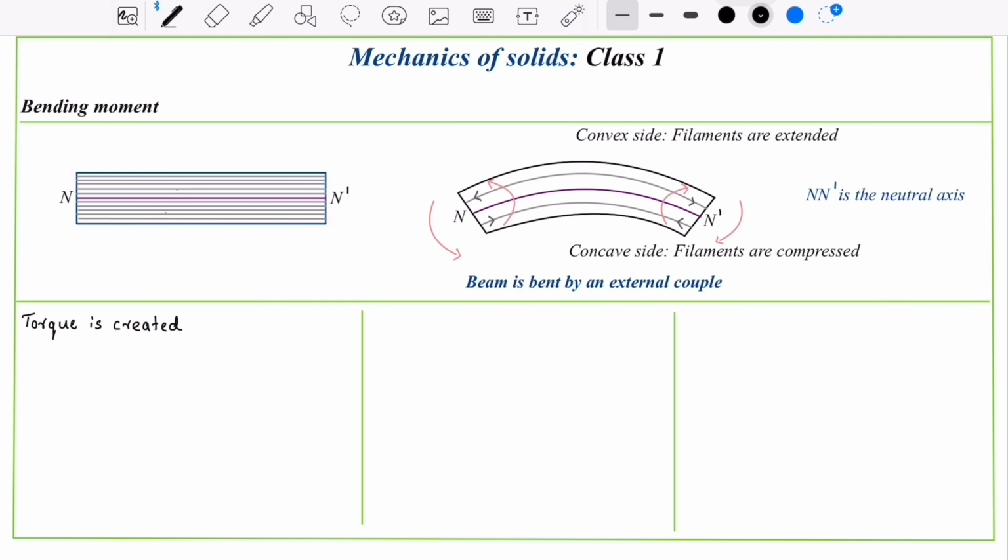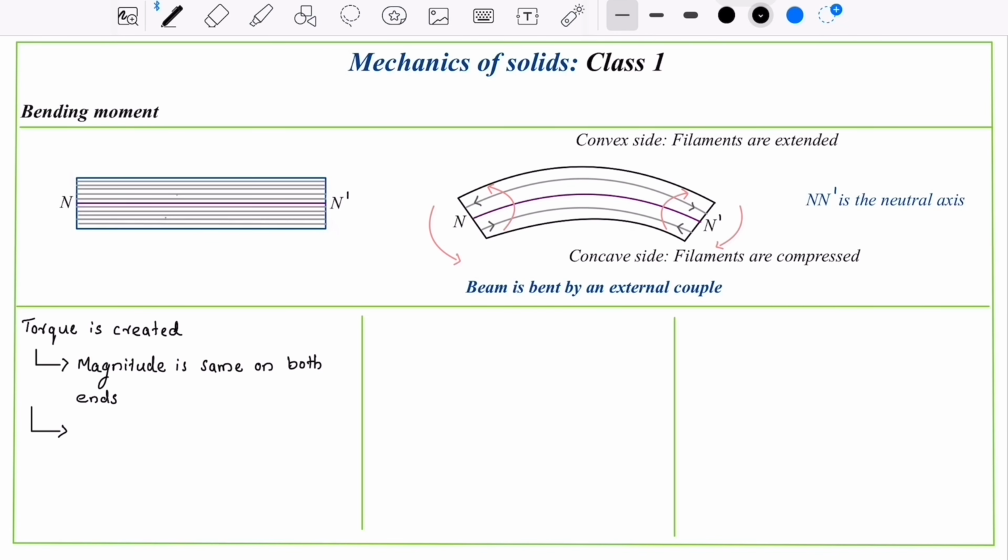When the beam is loaded at both ends the torque is created. Since the forces are equal, we have loaded the beam on both sides by equal weights. So we can say that the magnitude of the torque is same on both ends, but the direction is different.